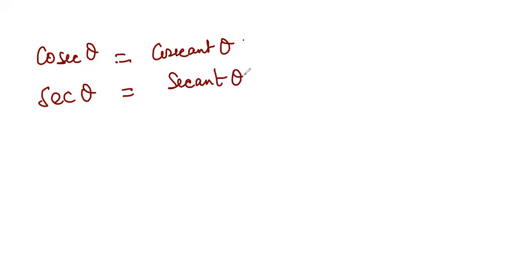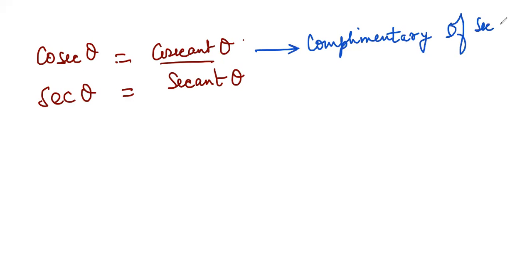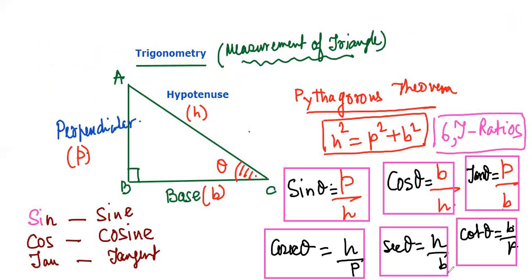You can also tell cosecant basically means complementary of secant. Say for example, you are having cos, so there you can write it to be complementary of sine.